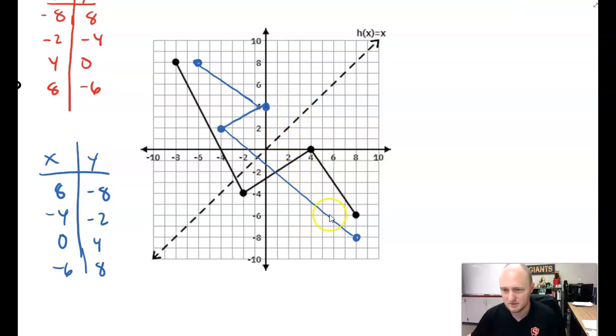So this doesn't look right. Why is this not looking right? What's going on? -4, -2, -4. Oh, this point should be down 2. See, that's why knowing intersections should happen on the line is helpful. -4, -2. It should be down here. So let's go ahead and double check that.